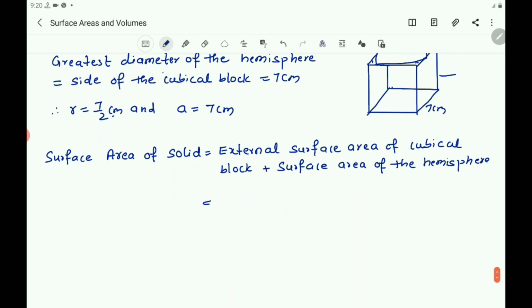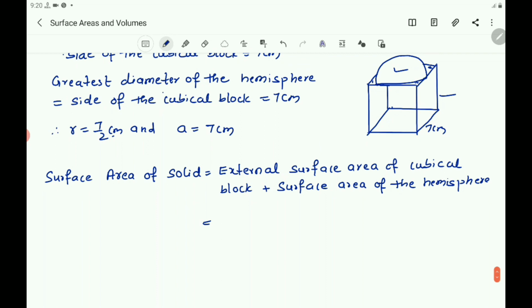So here, the external surface area of the hemisphere equals what?